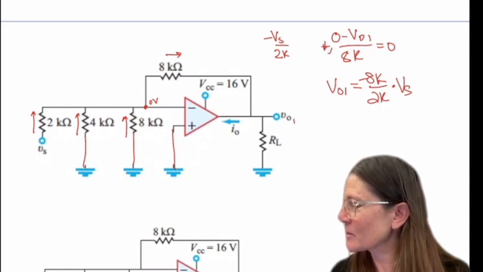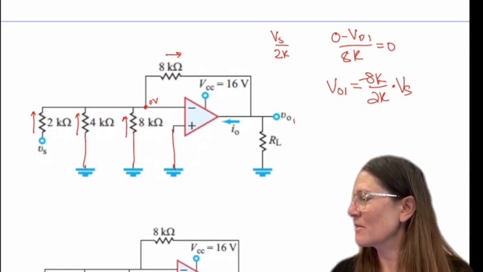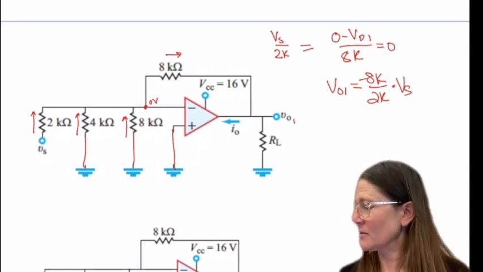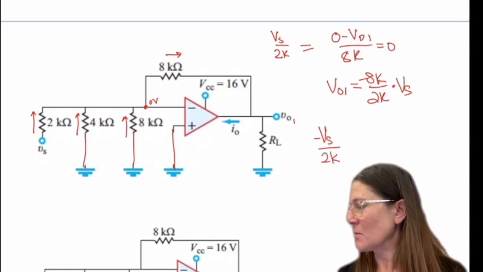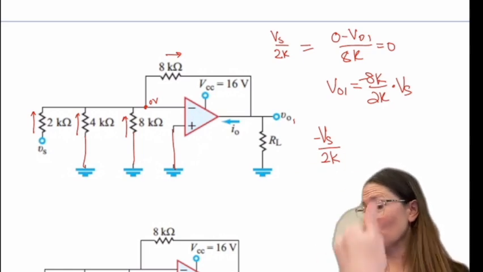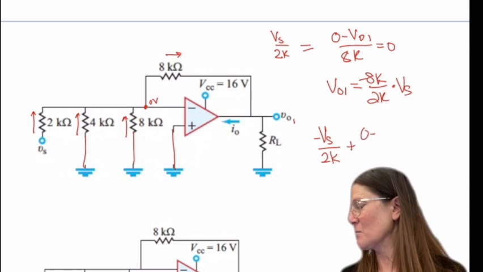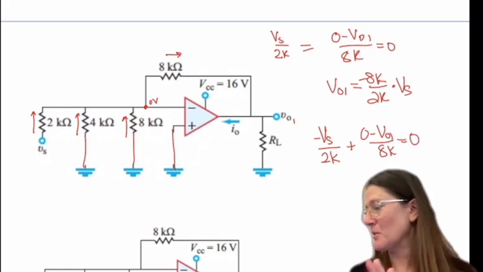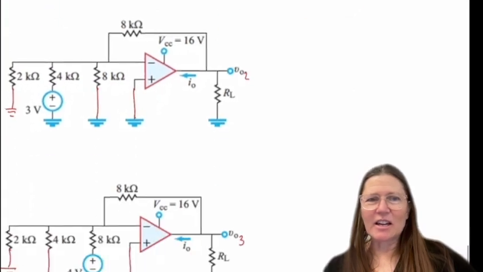Could say these equal. Okay, they equal, or you could write it as minus Vs over, or 0 minus, or minus going in, and then a 0 minus V naught over 8K equals 0. Either way, okay, thank you. I just did not see that.